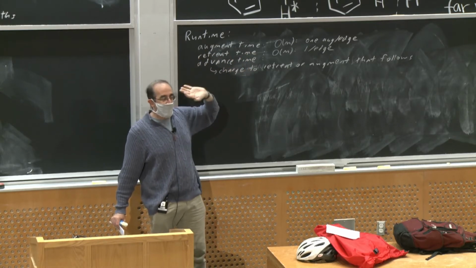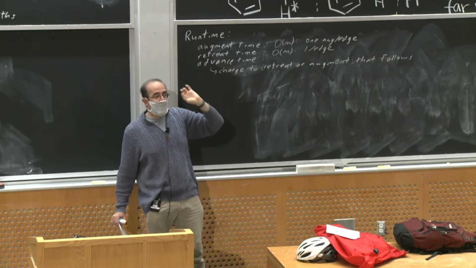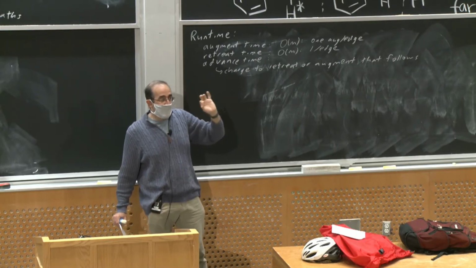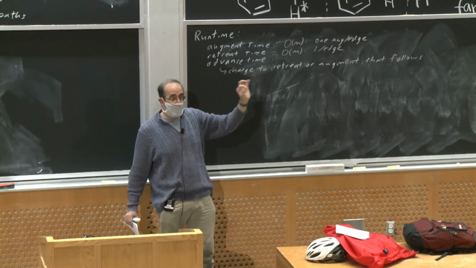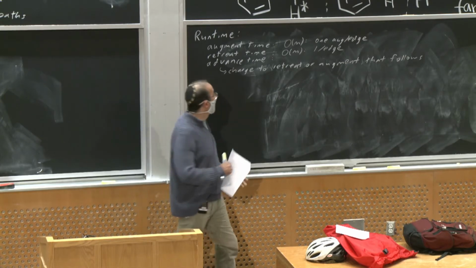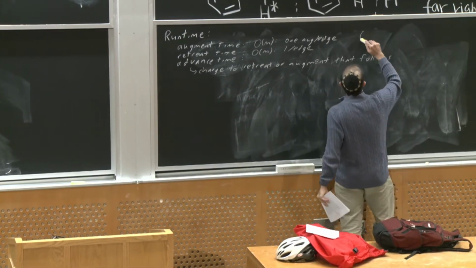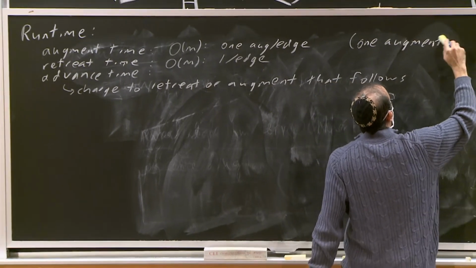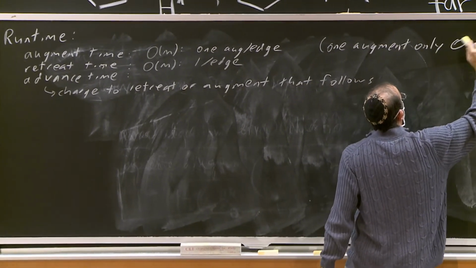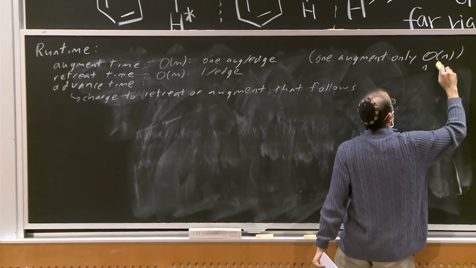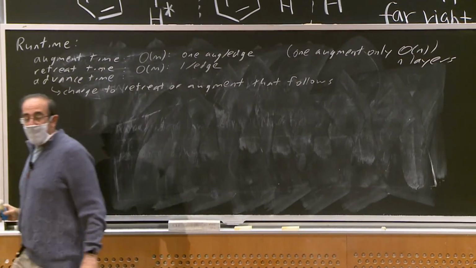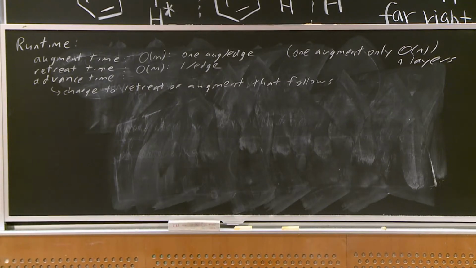So you're absolutely right that a single augment only takes n time at worst, because there are at most n layers. One augment is only order n, because there are n layers. That's actually worth remembering for later, but it's not important now. Right now, we're just talking about the overall time of the entire blocking flow.